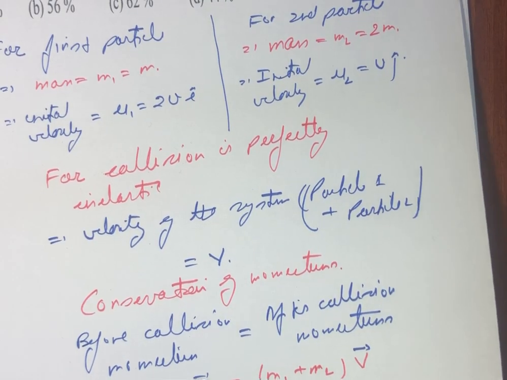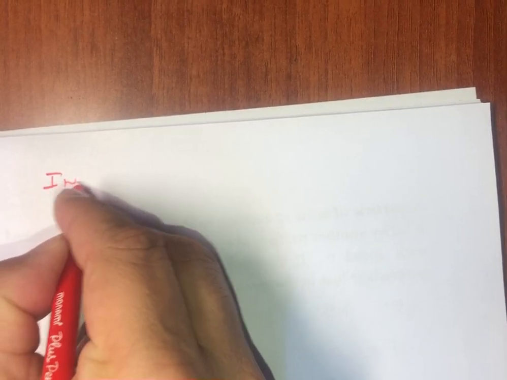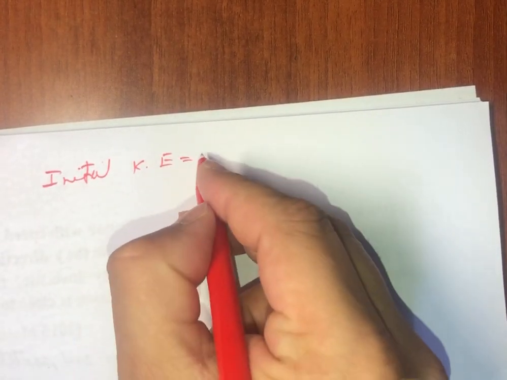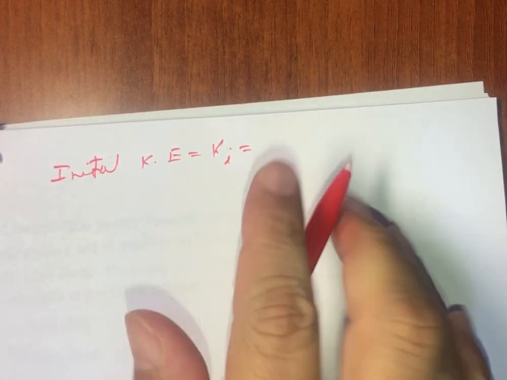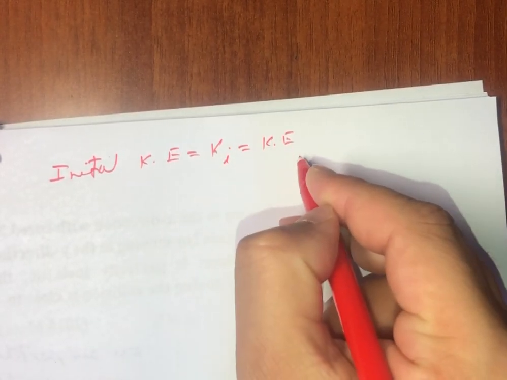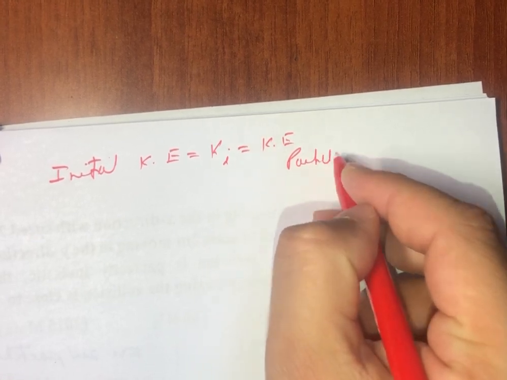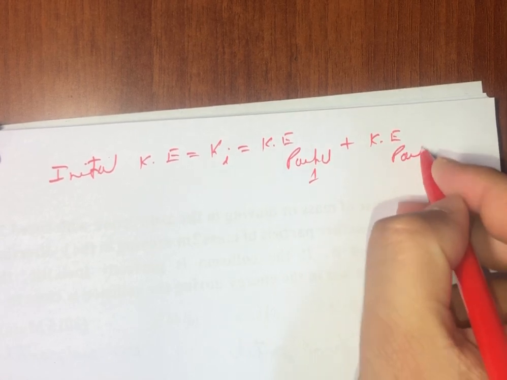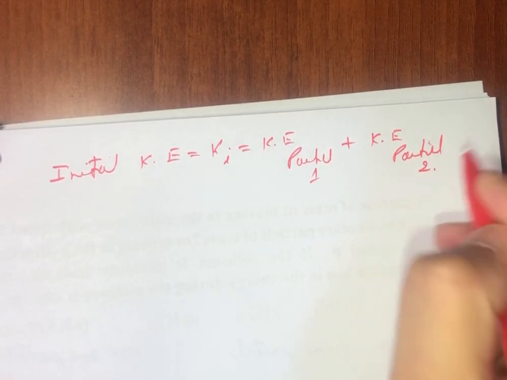Now it is given loss of the energy. So the only energy that will be present will be the kinetic energy. So initial kinetic energy, suppose Ki, will be equal to kinetic energy of particle 1 plus kinetic energy of particle 2.